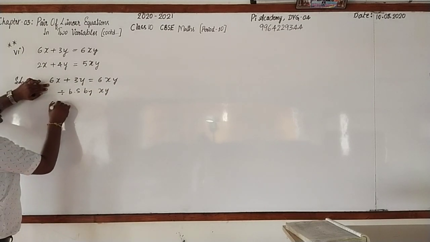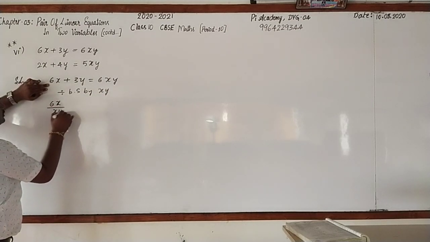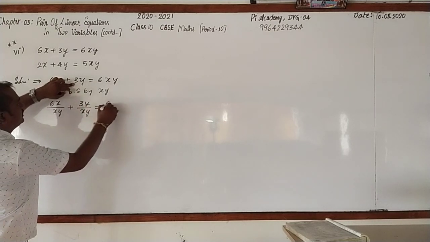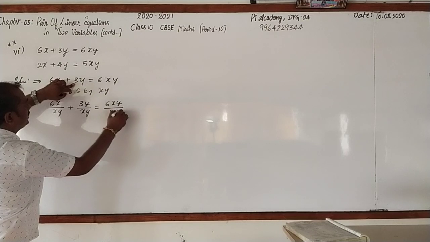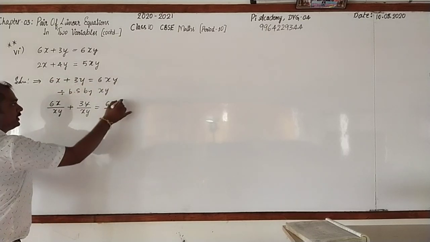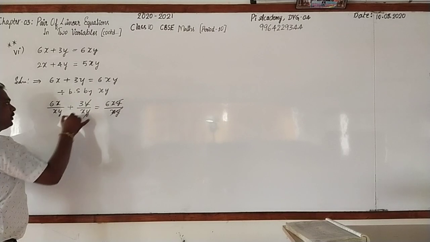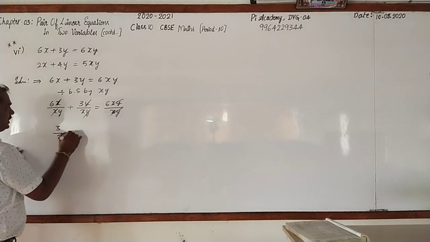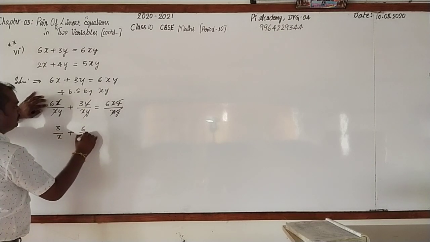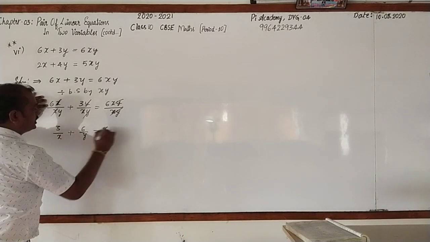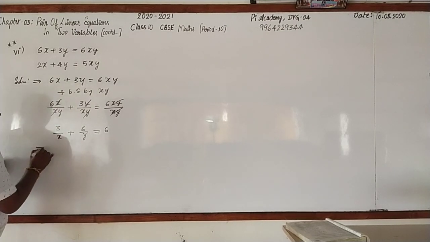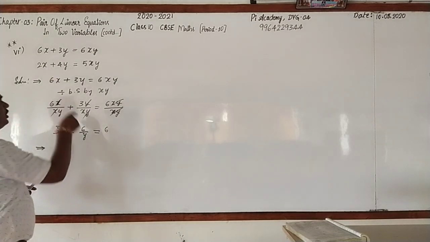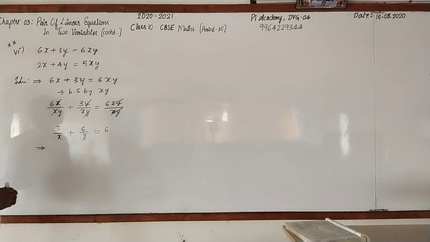Observe it. 6x by xy plus 3y by xy equals 6xy by xy. xy get cancelled, y and y, and here x and x. Then you can rewrite this as 3 by x plus 6 by y is equal to 6. Got it? Hope that you are writing with me.